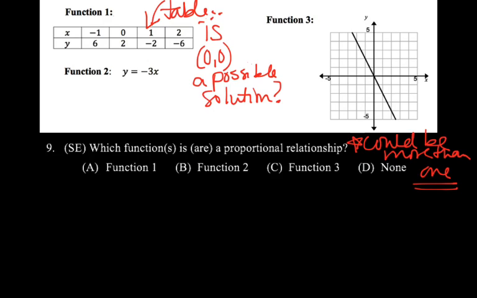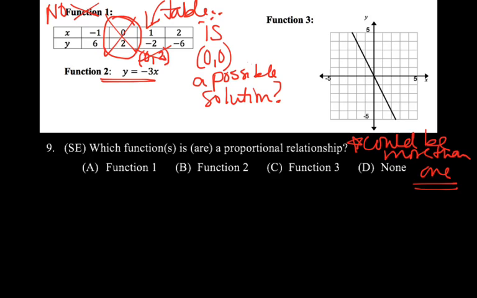So if you're given a table of values, you want to see is 0, 0 a possible solution, because what that means is the line goes through the origin. If the line has 0, 0 as an ordered pair, that means the line goes through the origin. Do you see this right here? This is an ordered pair of 0, 2. That's not 0, 0. Because of that point right there, function 1 is a no.